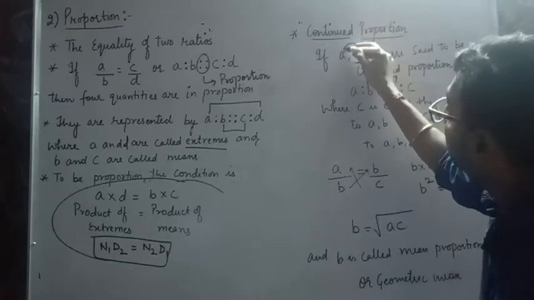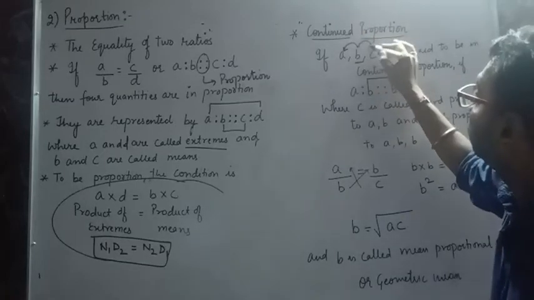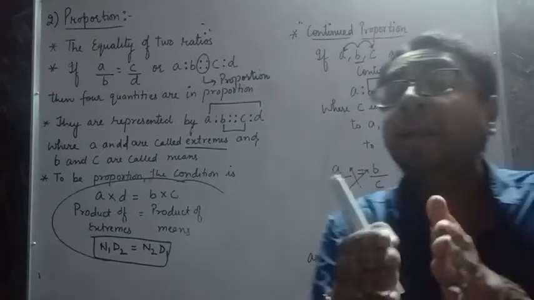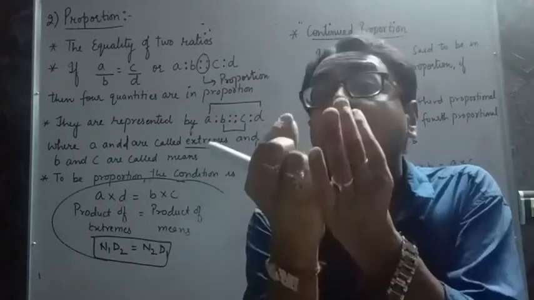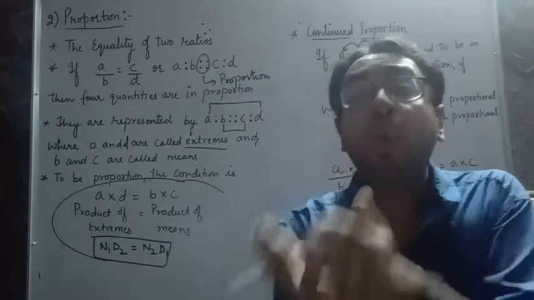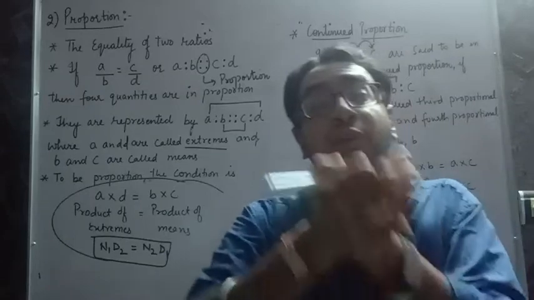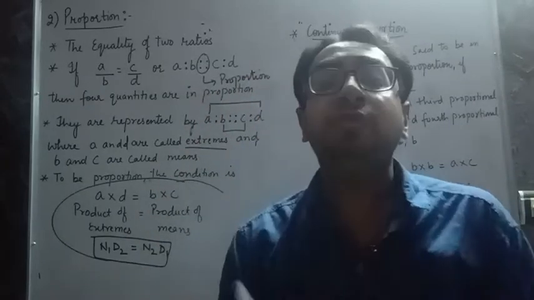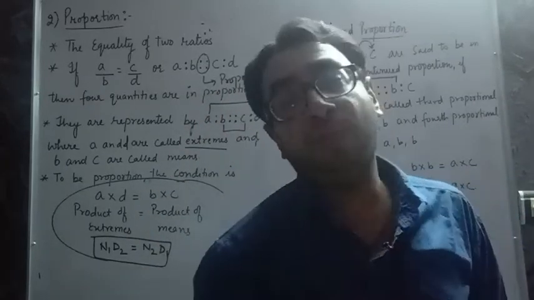I have considered B with A also, and with C also. That is why it is continued. The term B is continued with A also and with C also. That is why it is known as continued proportion.